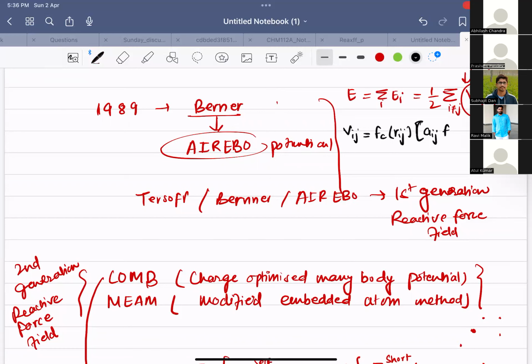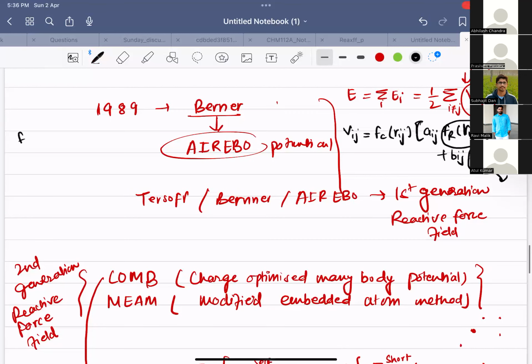Fc of Rij times, plus Vij f of a, okay, this a was capital Rij. So here this is the repulsive pair potential. This has the explicit form of the repulsive pair potential. This was the attractive pair potential.